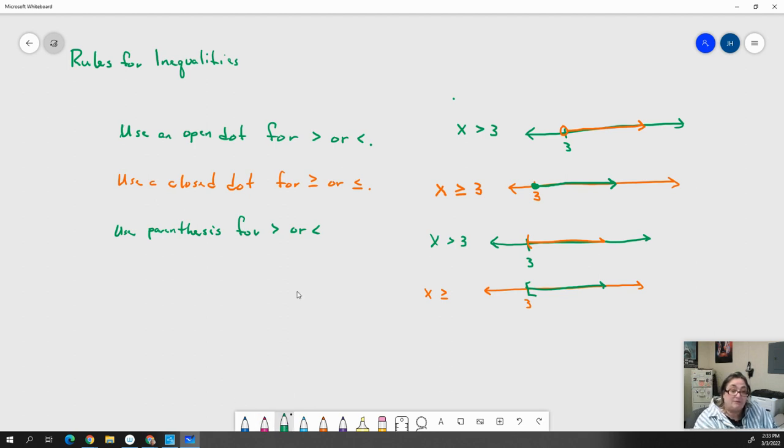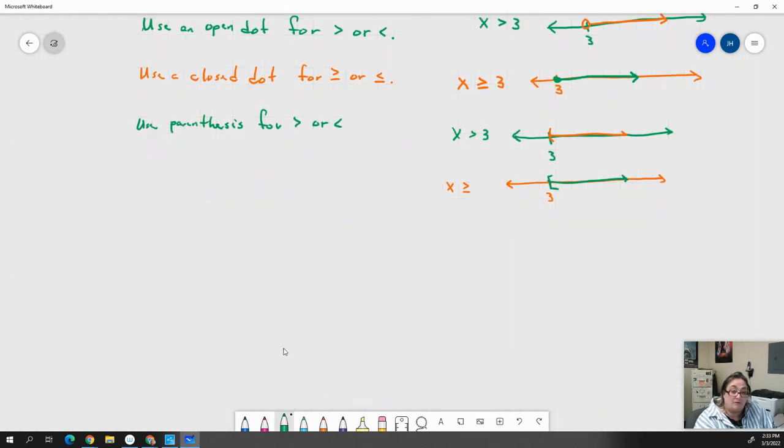So let's look at a few problems and graph those. If I have, for example, x is greater than -1, and I needed to graph that, I would start at -1, wherever that was on the graph. And it's greater than, but it isn't equal to.